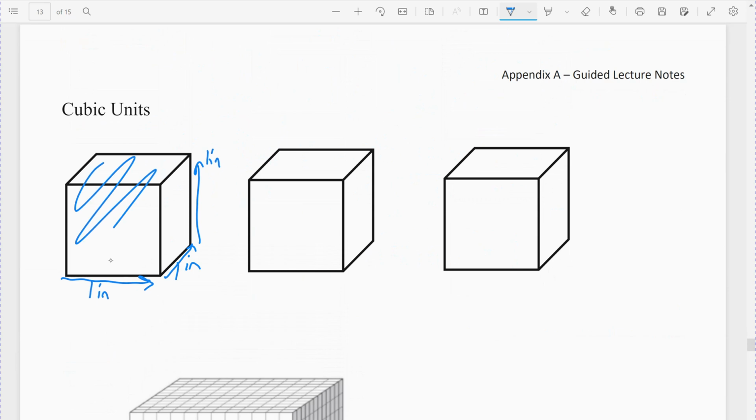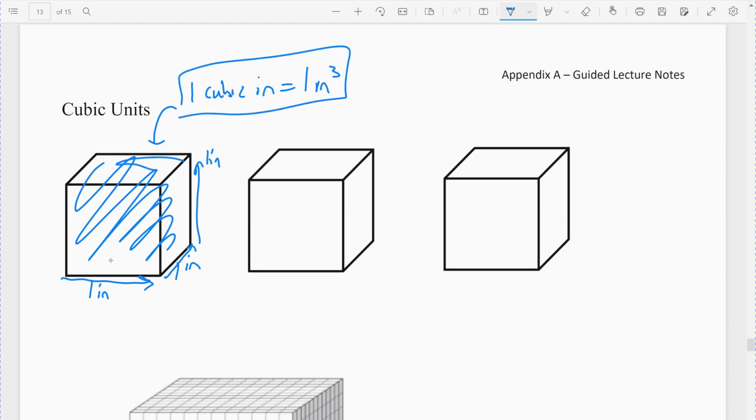And so to find the volume of the cube, it would be 1 cubic inch, or we write that 1 inch cubed. All right, that would be the entire volume of the cube. And it would work if you did 1 foot on this side, 1 foot on that side, 1 foot here, and so this would be 1 foot cubed, or 1 cubic foot.